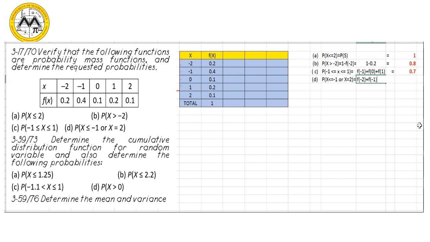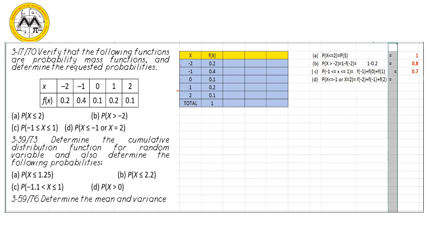Less than or equal to -1 would be -2 and -1, so that is f of -2 plus f of -1, plus f of 2. f of -2 is 0.2, f of -1 is 0.4, while f of 2 is 0.1. So that would be 0.7.